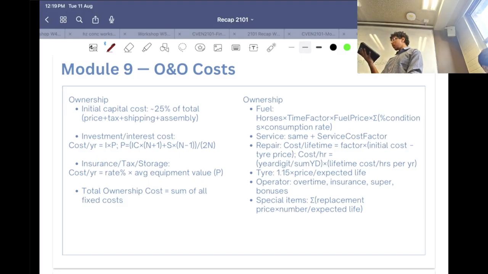So factor over the initial cost minus tire price, and then cost over hour you can find through that method. Tires are usually just 1.15 times the price over the expected life. So obviously depreciating, and then the operators, so actually paying people to use these vehicles, so overtime, insurance, super, and bonuses, and then there's some other special items, so like if anything needs to get replaced.